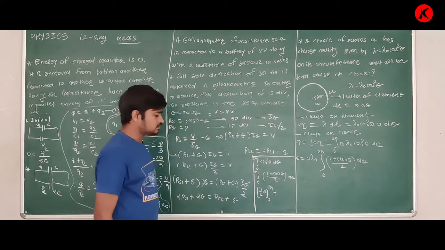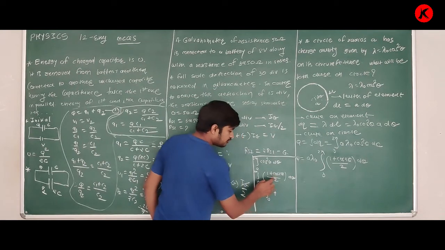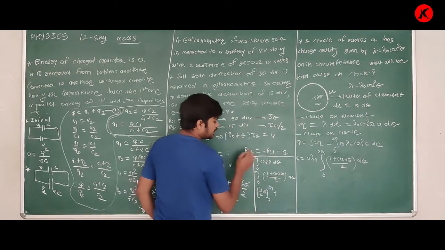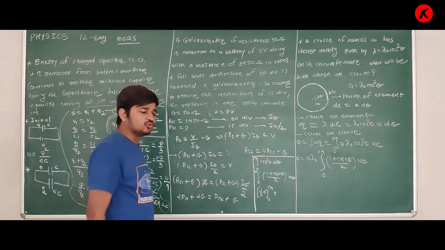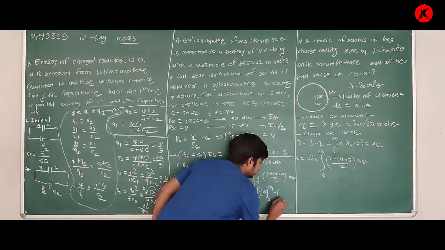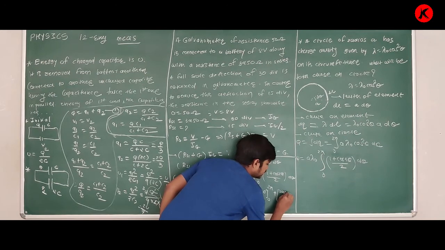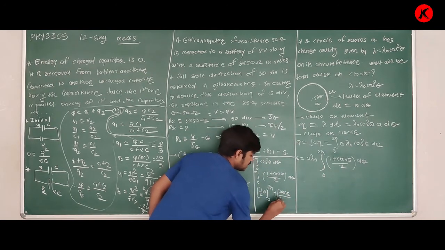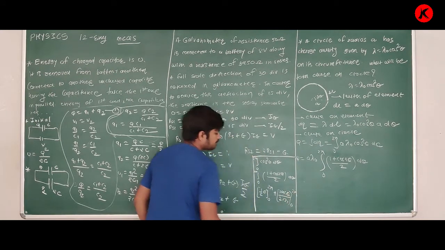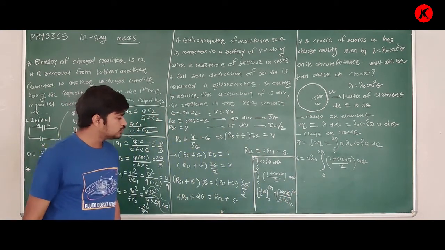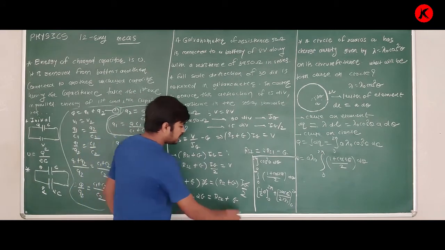Plus, what is the integration of cos 2 theta divided by 2? It is sin 2 theta divided by 2, and plus this 2, so it is 2 in the denominator. Limit is from 0 to 2 pi. Any doubt? Now put the limit in this equation.